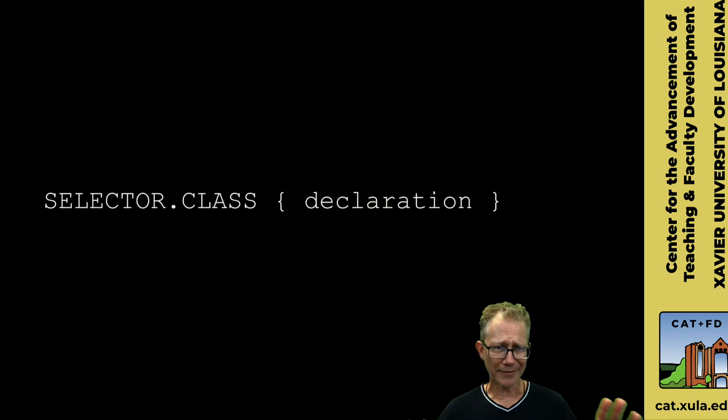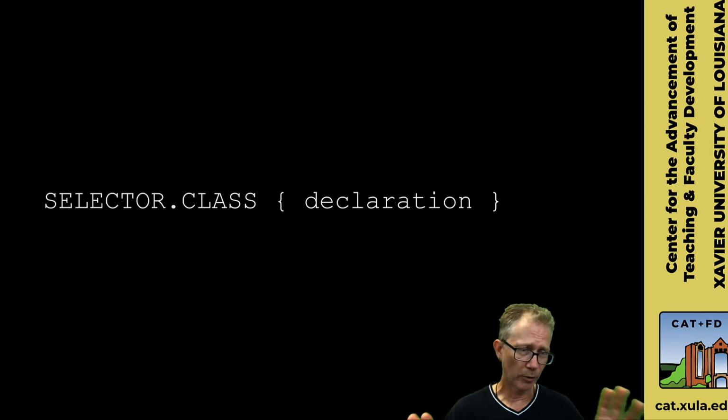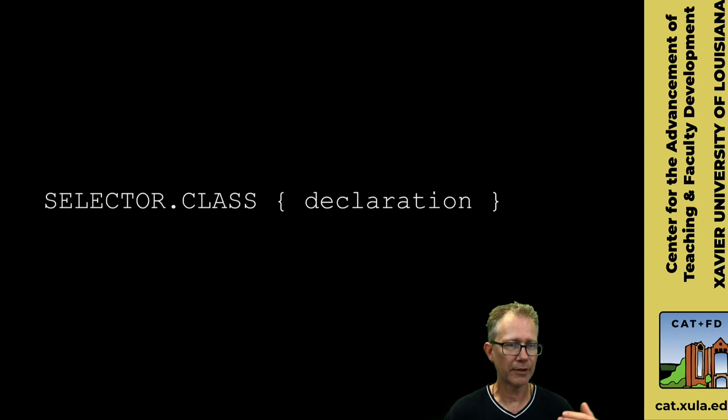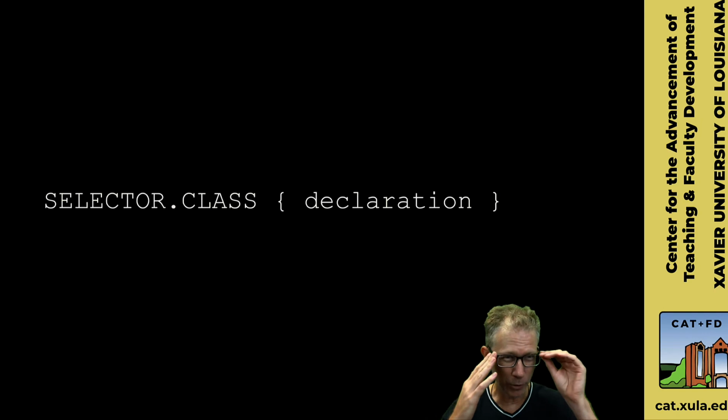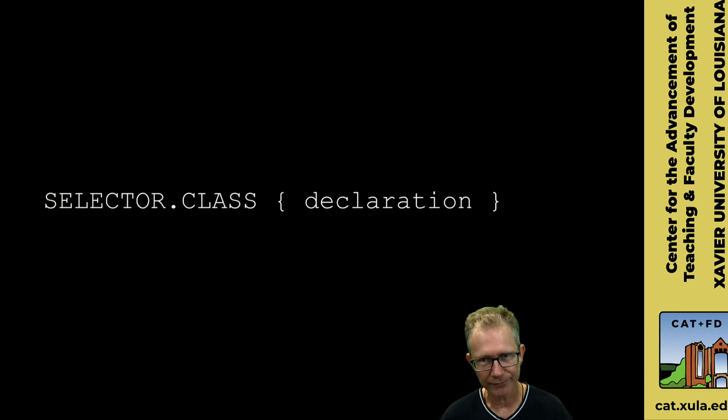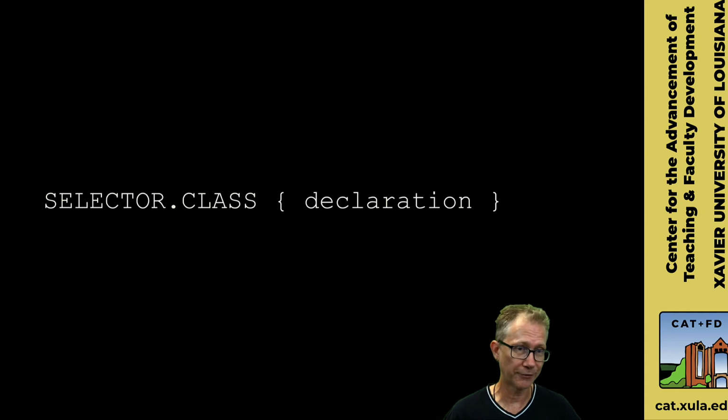Now there's going to be a lot that I'm leaving out, but I did want to mention also the concept of class, because it's a very powerful concept that really extends the power of CSS. And we see here the syntax. We can specify for any selector a given class and apply that, or that can be the target for our declarations.